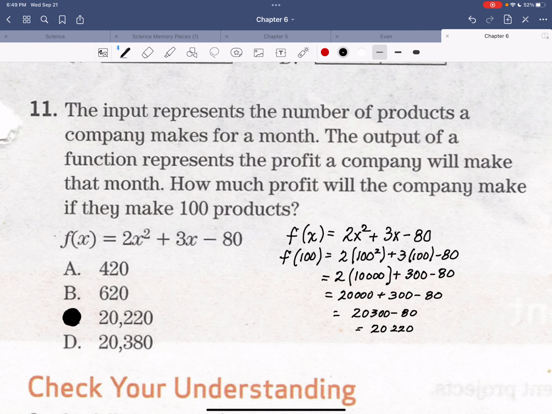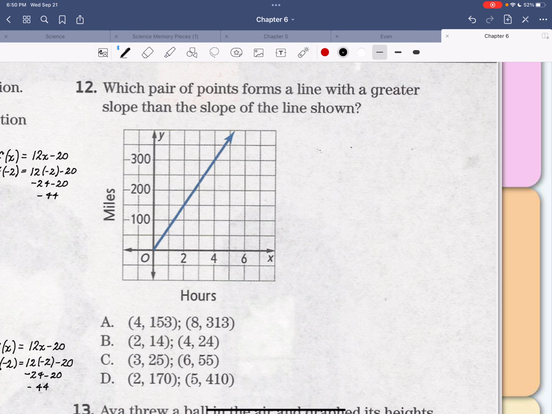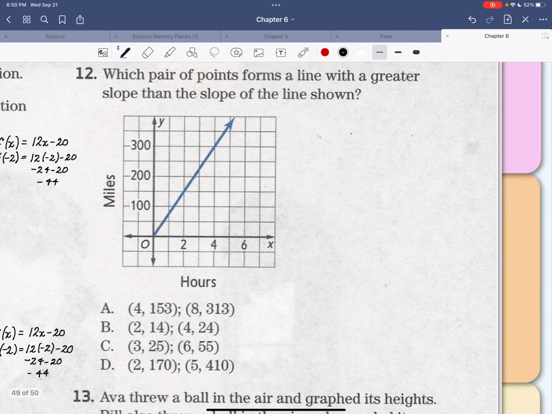All right, number 12. Which pair of points forms a line with a greater slope than the slope of the line shown? Well, let's get the slope of the line shown, and then we'll know. The slope of the line shown is 300 miles.